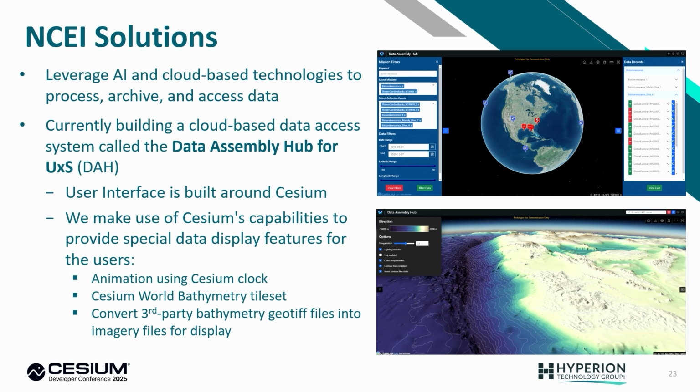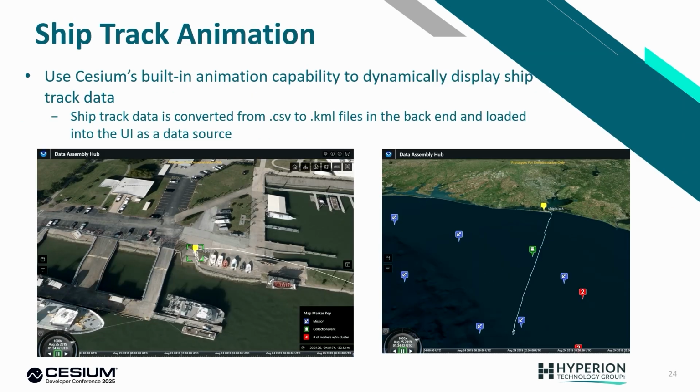Some examples are we take advantage of Cesium's animation, and we also use Cesium Ion's World Bathymetry, as well as we take advantage of converting our data into some imagery files. So this is providing us a way to display data that users can decide if it is meaningful to them.